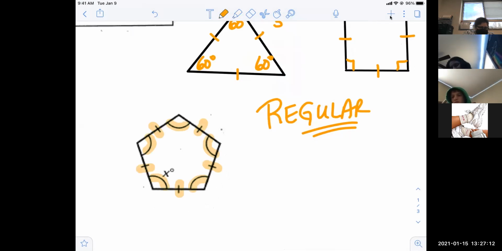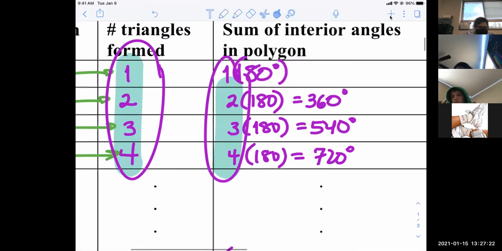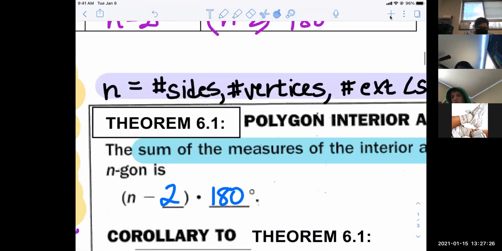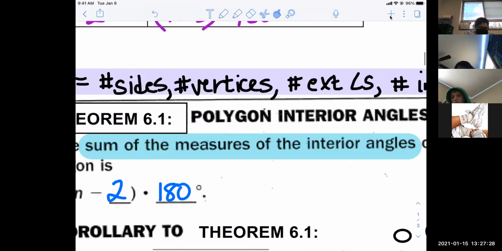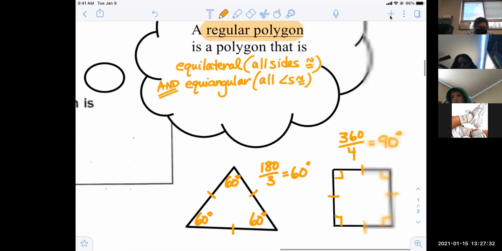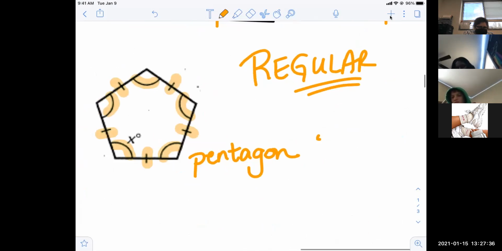And that's a pentagon. What is the sum of the angles in a pentagon? 540, right? We figured that out up here. So in a pentagon, when there's 5 sides, you subtract 2. Here's the formula. You take the 5 sides, it would be cut into 3 triangles, and it adds up to 540.